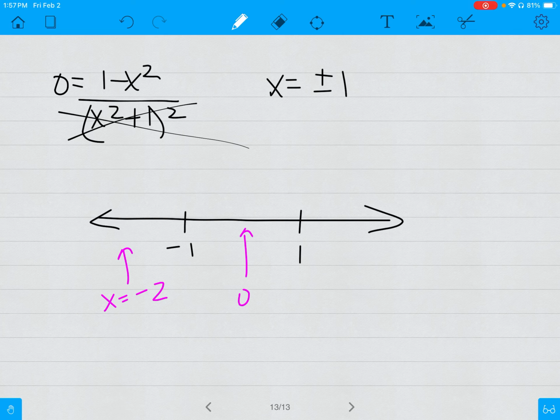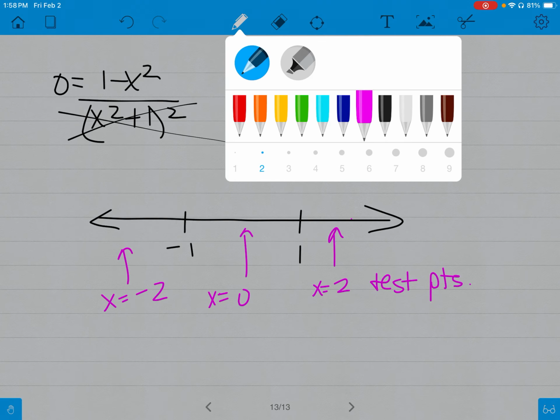Between negative 1 and 1, I'll pick 0. And to the right of positive 1, I'll pick 2. So these are our test points. And then we're just going to plug each of those into our first derivative. But again, we don't care about the value, we just care about the sign.